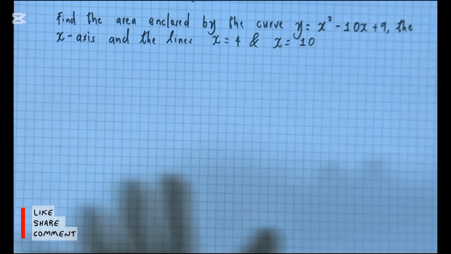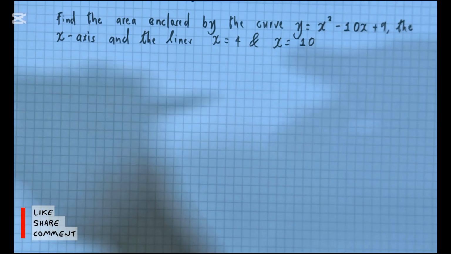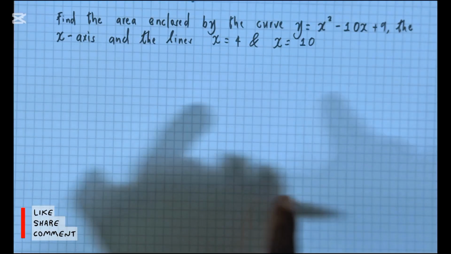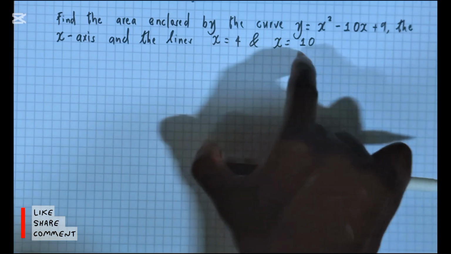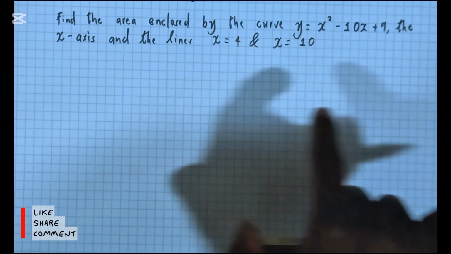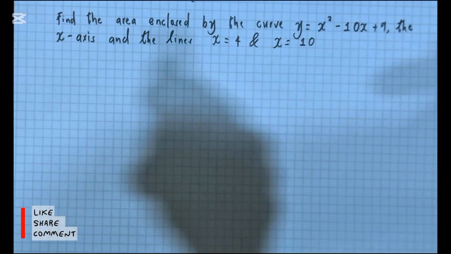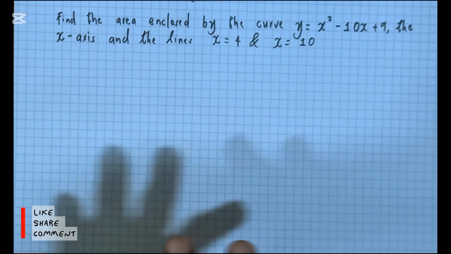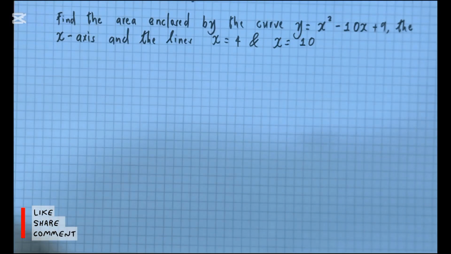Before you solve these problems that involve areas under a curve, it's always important that you know the roots of the curves, because they give you perspective into the limits, whether they are out of bound or within bound. If the limits are within bound, you're dealing with one segmented area. If it's out of bound, you're dealing with two segmented areas.